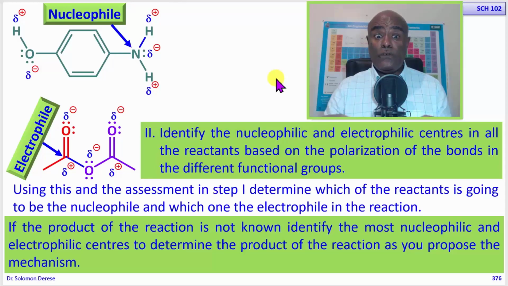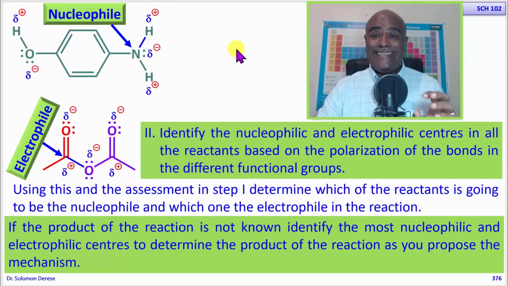If you don't know what the product of the reaction between two reactants is, identify the most nucleophilic and electrophilic centers. So you identify the most nucleophilic and the most electrophilic centers in these reacting species.